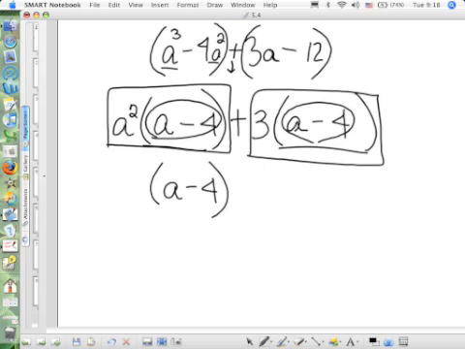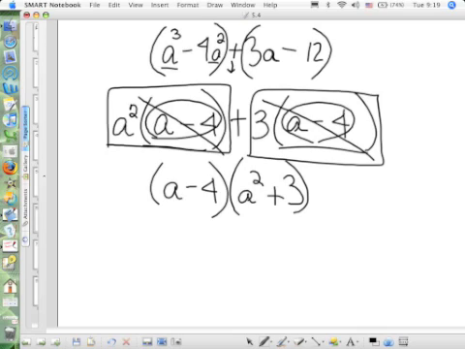Now, if I factor that out of this term, what am I left with? And if I factor it out of this term, I'm left with this. And you can check yourself by multiplying those 2 things together, and you will get a cubed minus 4a squared plus 3a minus 12. How would we multiply those together?